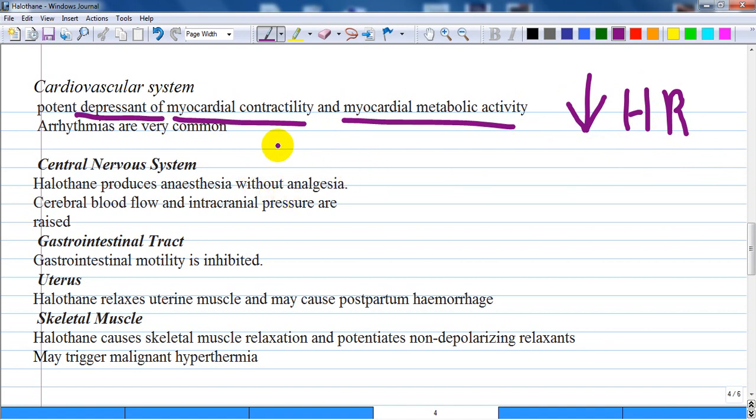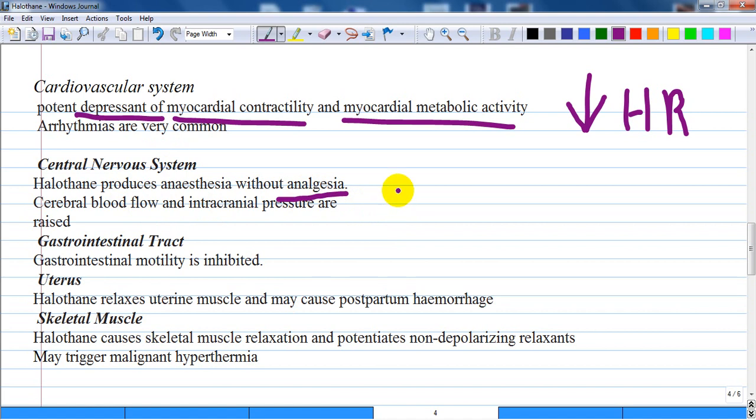Arrhythmias are very common. Halothane anesthesia is associated with arrhythmias far more frequently than with other agents. Central nervous system: Halothane produces anesthesia without analgesia, so you should add some analgesic, an opioid for example.